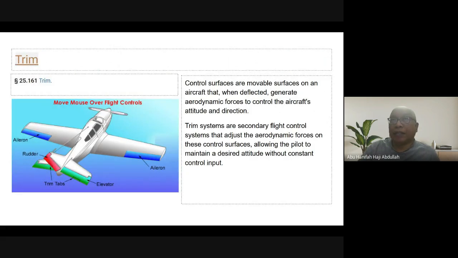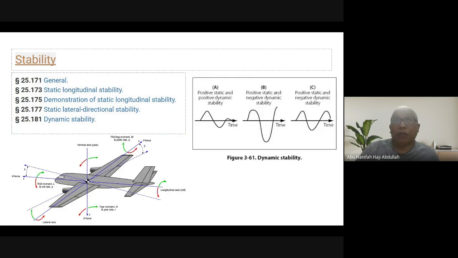Okay, next is trim. You need to trim the aeroplane because you are unable to just control the column and maneuver manually. So what we do is use trim for certain forces, for you to be able to trim the aircraft condition. And also we talk about stability.